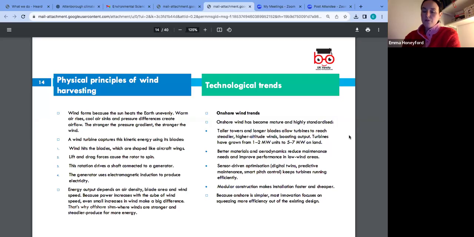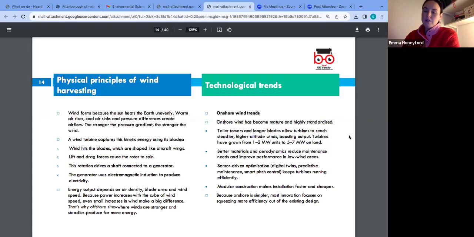So yeah, I think it's worth stressing that the turbines have grown significantly, which, you know, the technology has changed, enabling better energy outputs because of that. So better materials and aerodynamics reduce maintenance needs and improve performance in low wind areas. So, you know, better technology here.